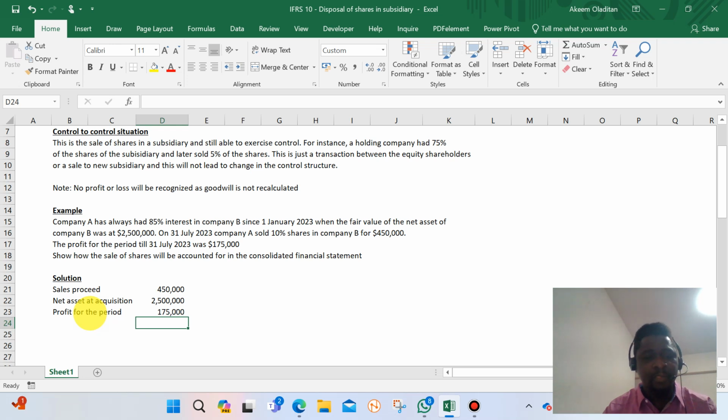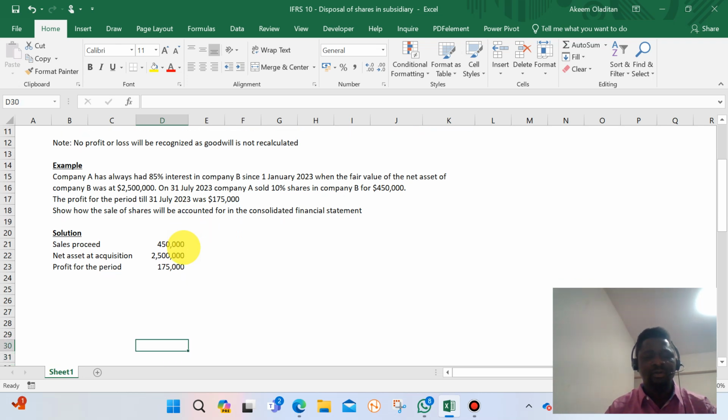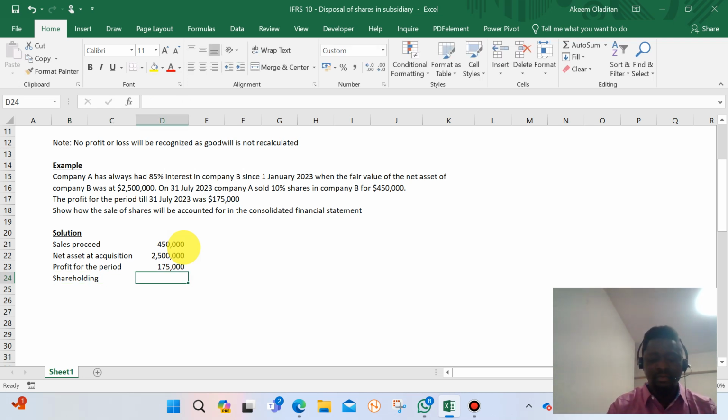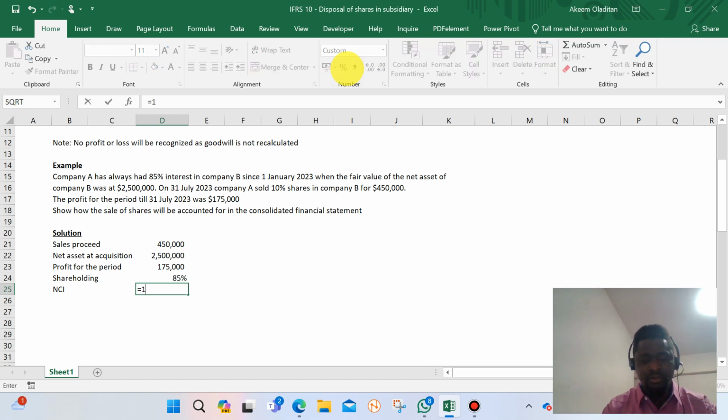Yes, that's it. Then the shareholding. We'll need all this while we're doing our calculation. Shareholding is 85%, while NCI is 100% minus 85%, in percentage.